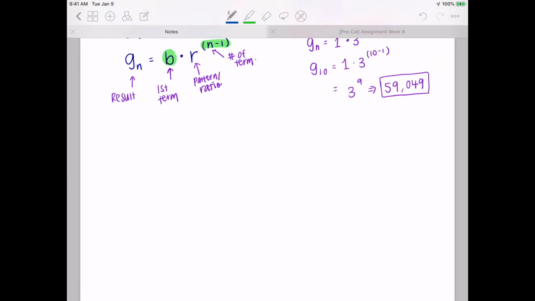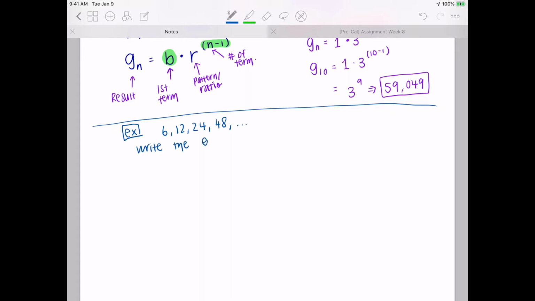Okay, I'll show some more examples and then we'll get into our homework. So next example, if I give you 6, 12, 24, 48, can you write your explicit formula?